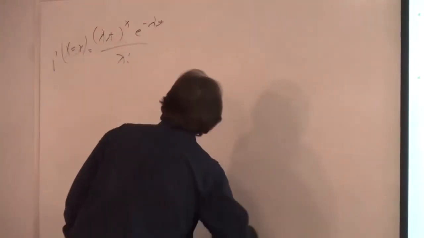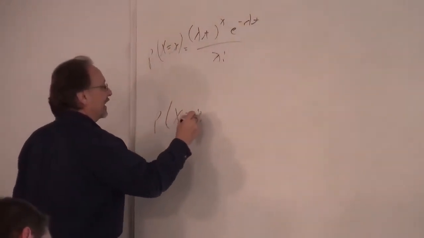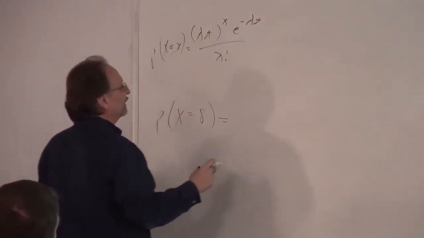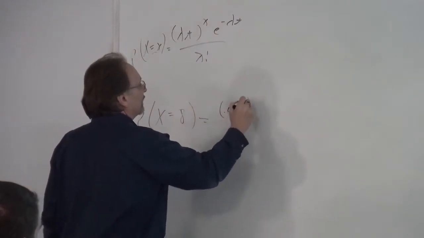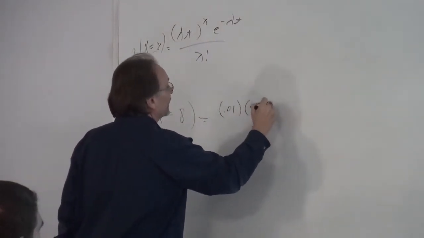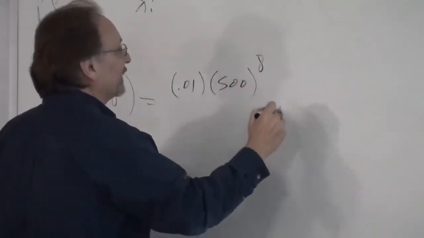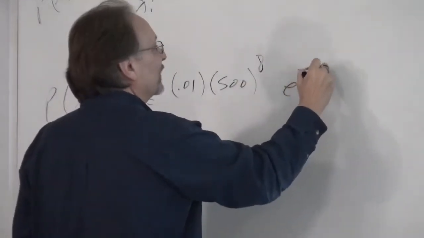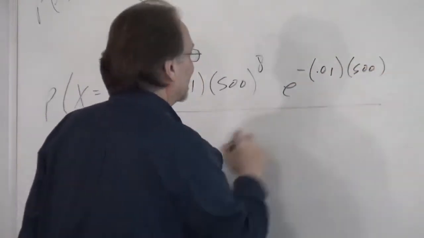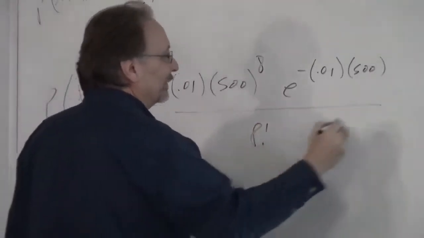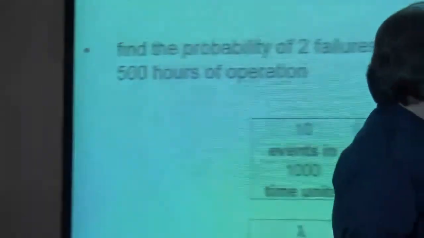So the way that would be calculated, the probability that x equals 8 is lambda t, where lambda we already know is 0.01, and t is 500, x is 8, and then e to the minus lambda, 0.01, times t, 500, over x factorial, which is 8 factorial. And if you do the arithmetic on that, you should come out with 0.065.